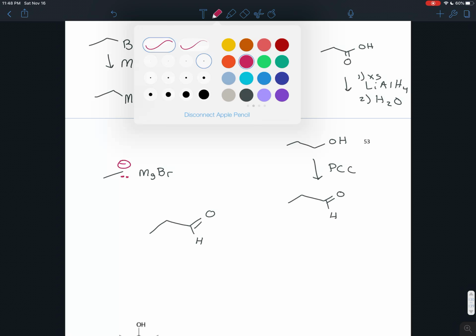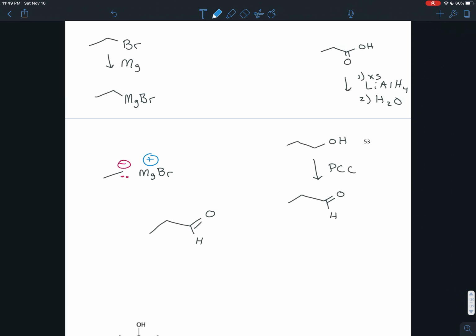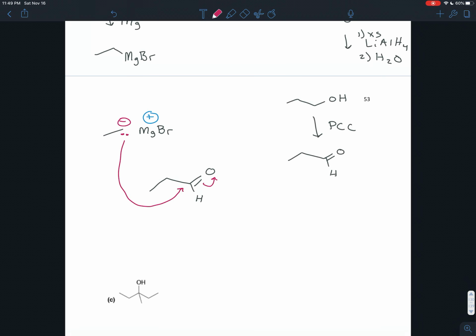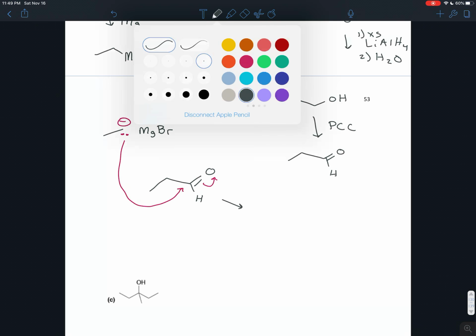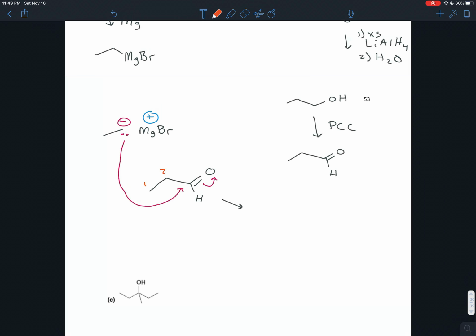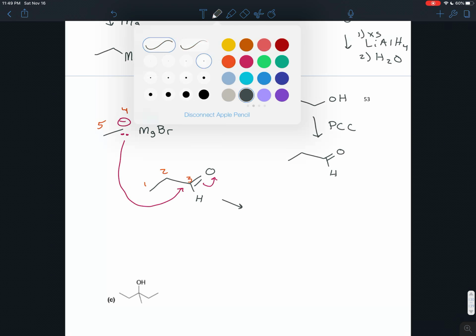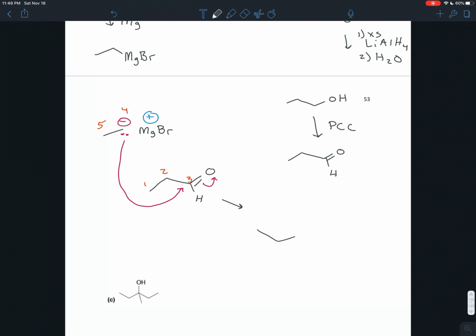So you have your carbon nucleophile being stabilized by the magnesium bromide that attacks the carbonyl carbon, kicks the pi electrons up, and we would have a 5-carbon chain, 1, 2, 3, 4, 5. So a 5-carbon chain with the oxygen on the 3rd carbon.